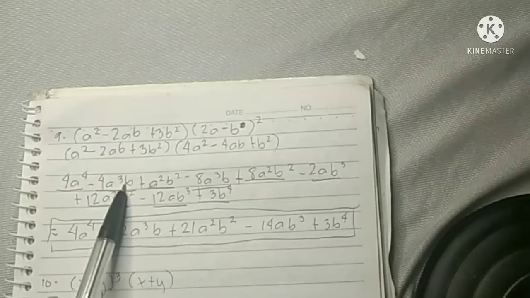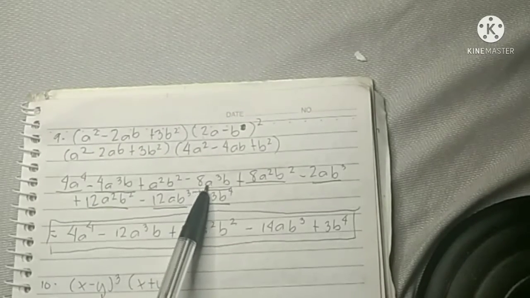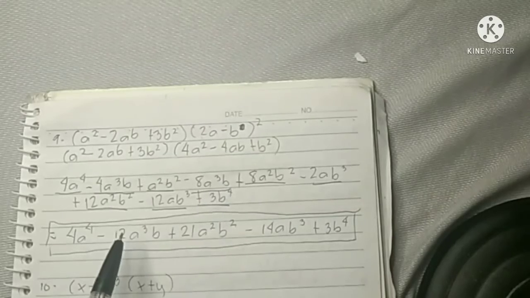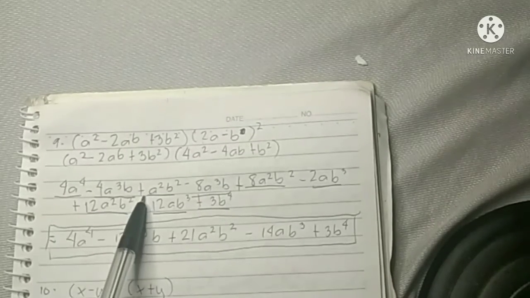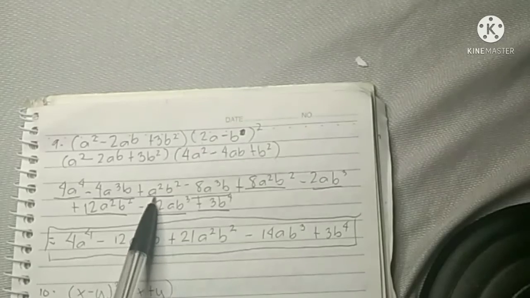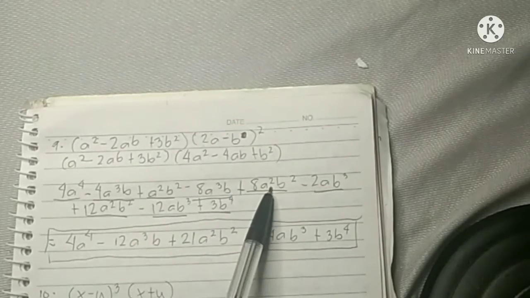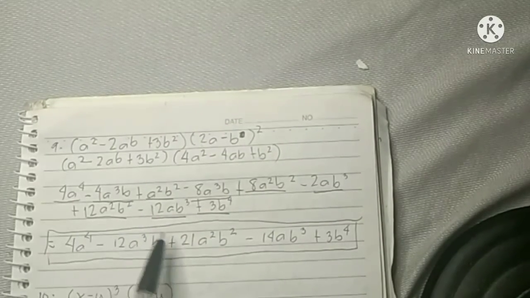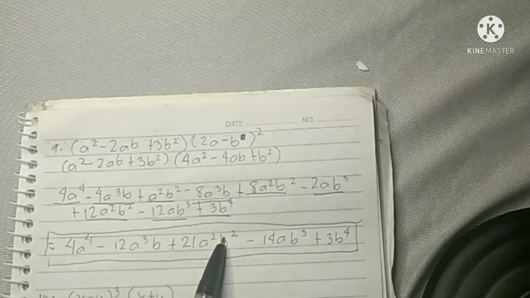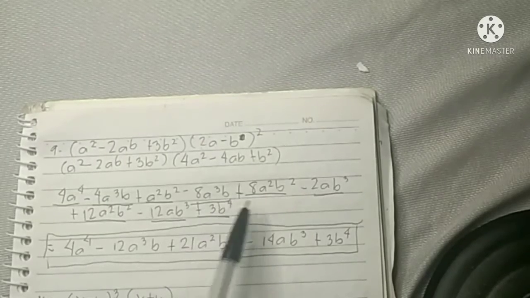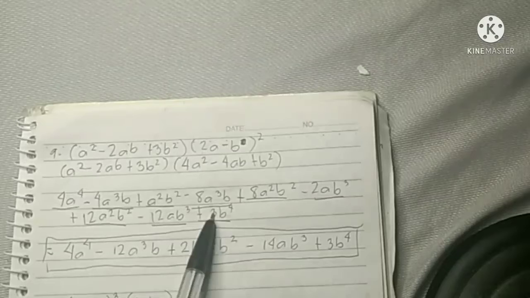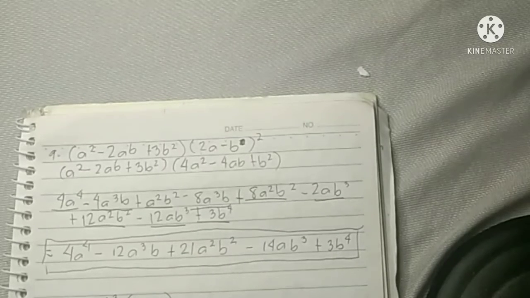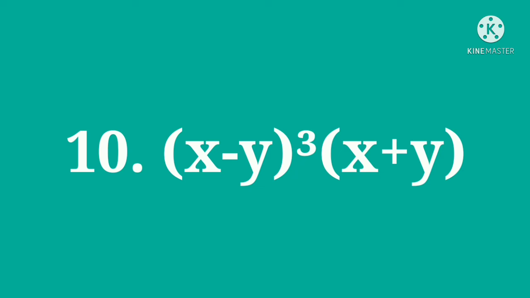So we have here our 4a raised to 4 minus our 12a cubed b, then our plus 21a squared b squared, and also we have our negative 14ab cubed. Then just copy the 3b raised to 4 and this is our final answer.